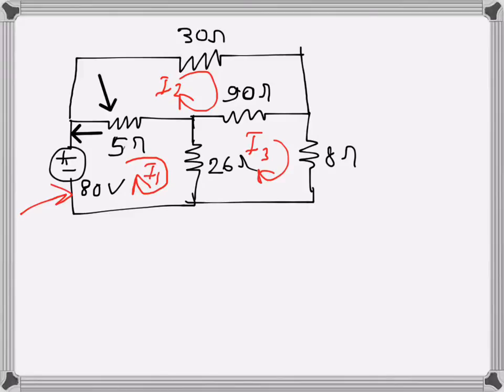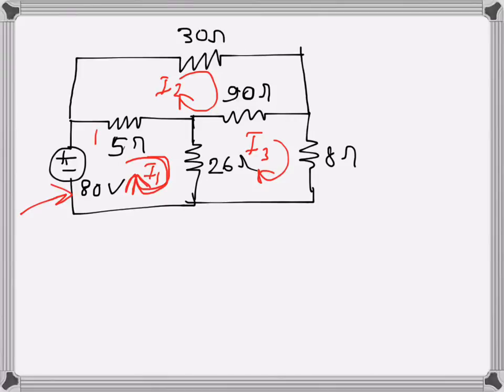For the given meshes we have a direction. I1 is going in this direction, so when we write the equation, we will write KVL in that direction. We will traverse in that direction and assume this is the mesh current.